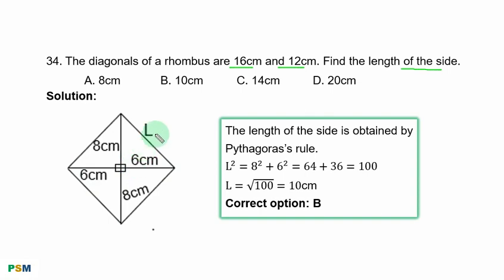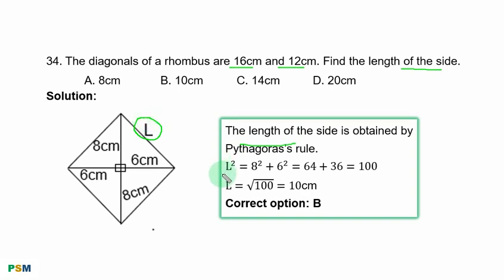All the sides are equal. So you have one of the sides, L. The length of the side is obtained by Pythagoras rule, considering any of the triangle, and the side is the hypotenuse.